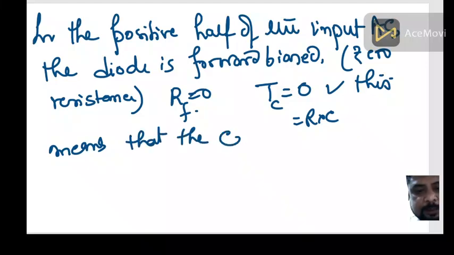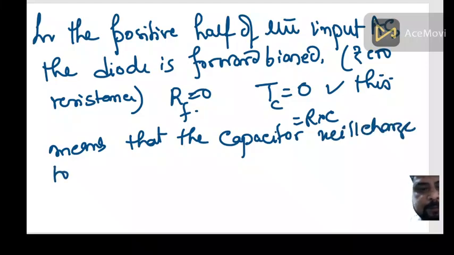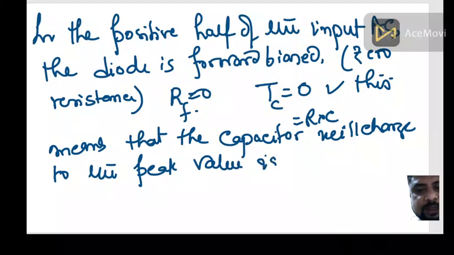This means that the capacitor will charge instantly to the peak value without any delay, because time constant is the time required to charge the capacitor to 63%. And if this time constant is 0, then the capacitor will charge instantly. It will not take any time. So this is a very interesting situation.